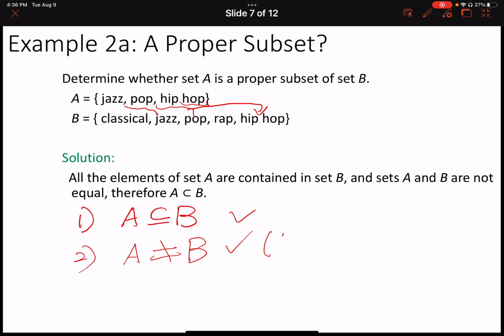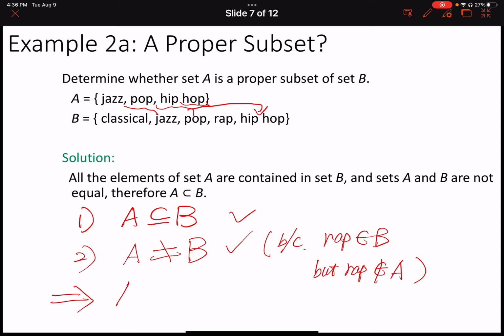Because, for example, rap is in B, but rap is not in A. So therefore, A is a proper subset of set B.